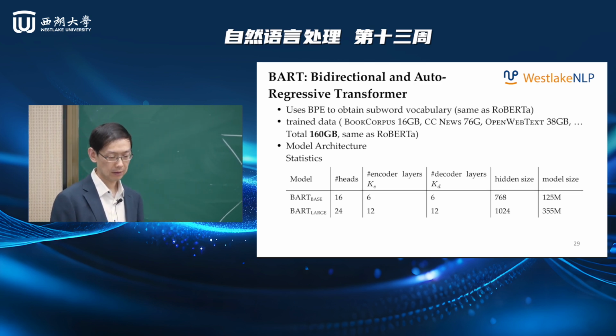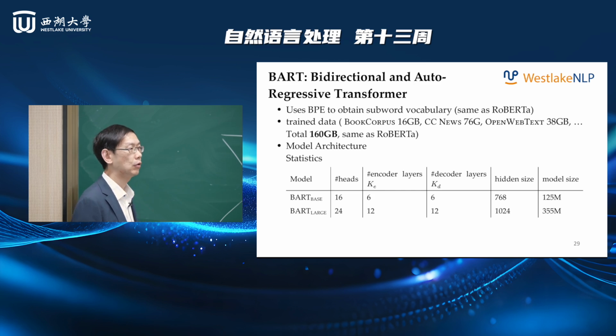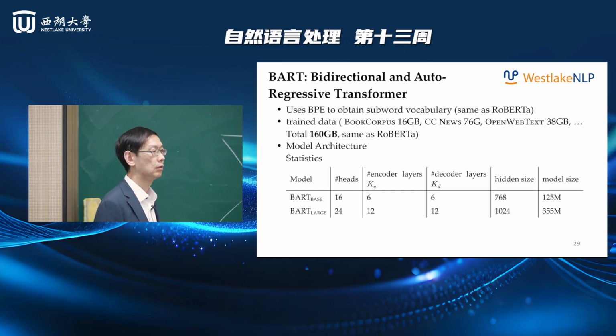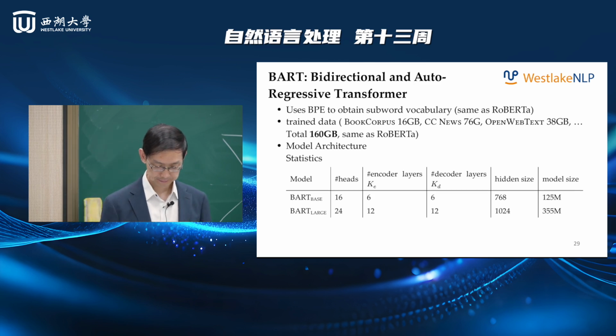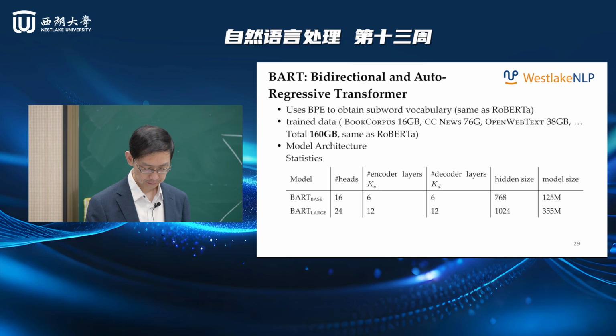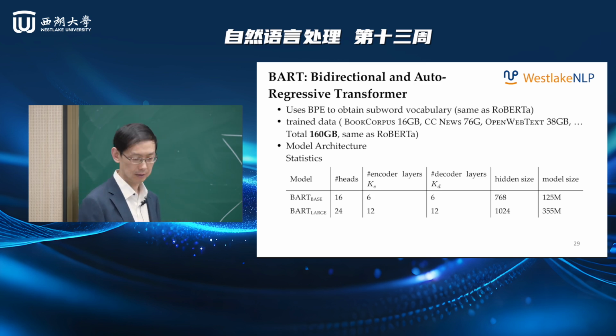You can see that they are roughly on the same level of sizes. The base size is about 100 or so million parameters, and the large size is about 300 or above million parameters.